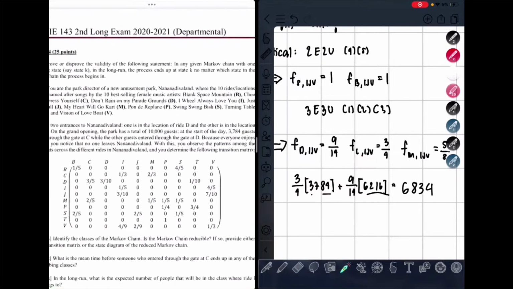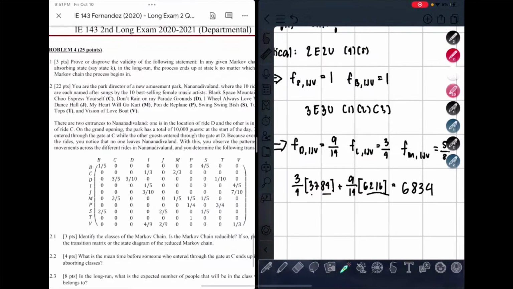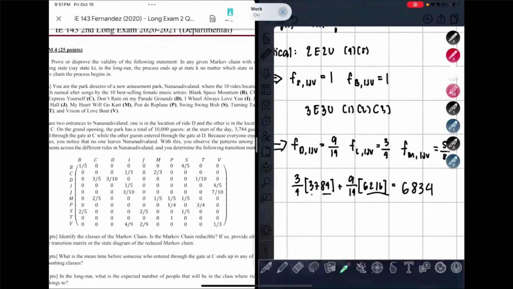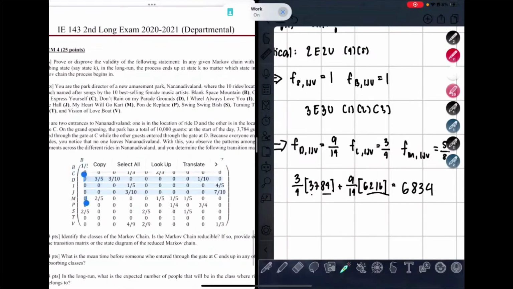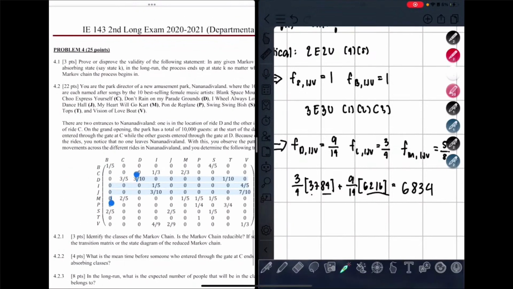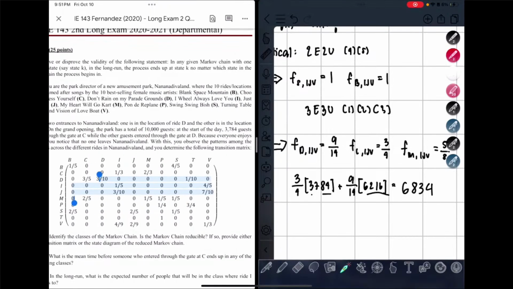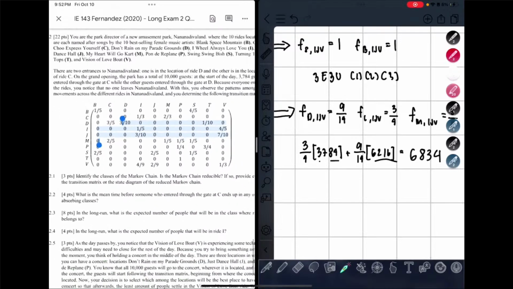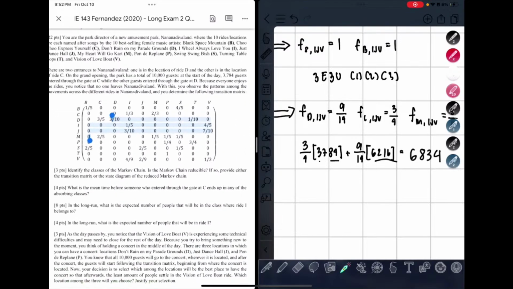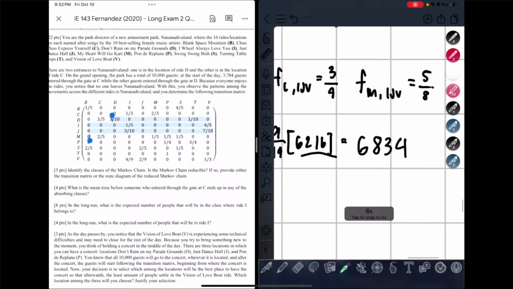That's here. 3784 guests entered through gate C, and then the rest entered through gate D. So that's 6216 minus. So the amount of people who will go to the class where ride I belongs to is 6384.